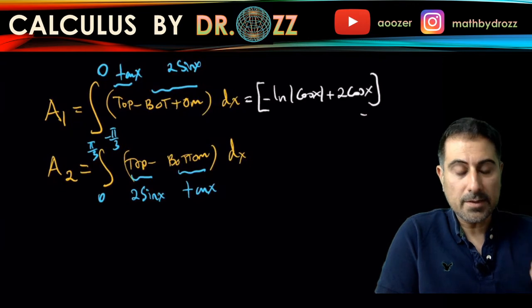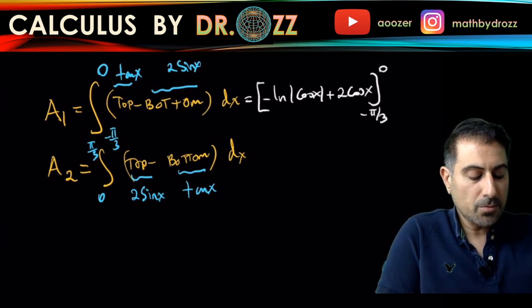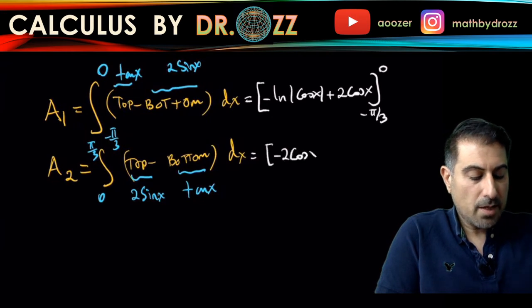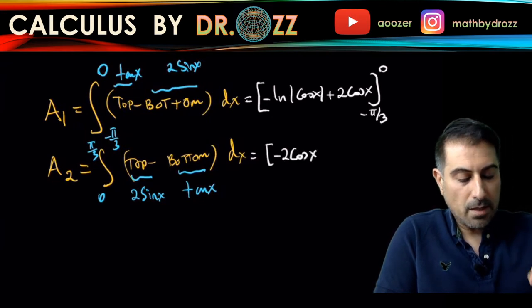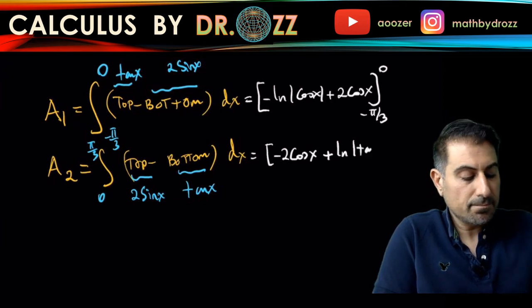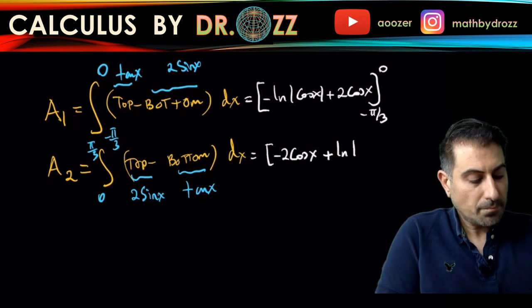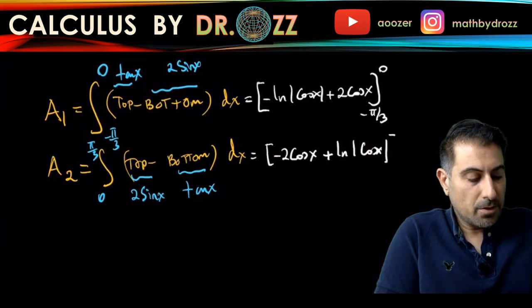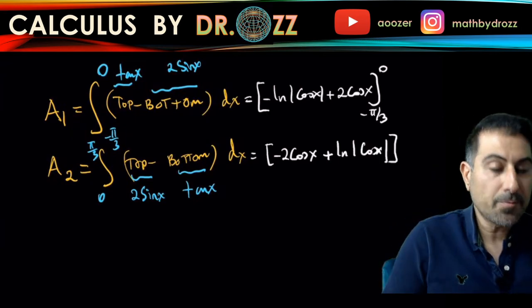And I'll apply the same trick here. So negative 2 cosine x plus ln cosine x. And this time the limits are 0, pi over 3.